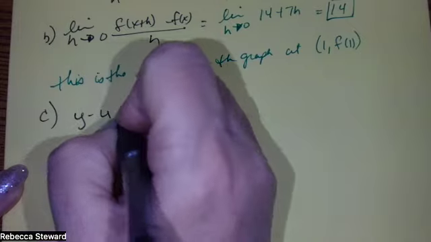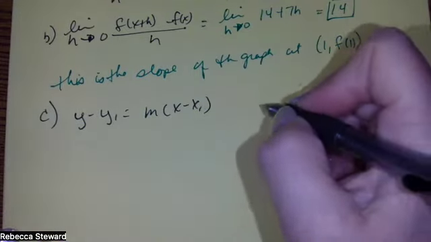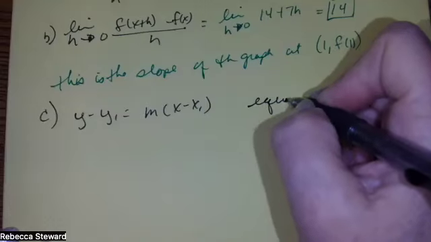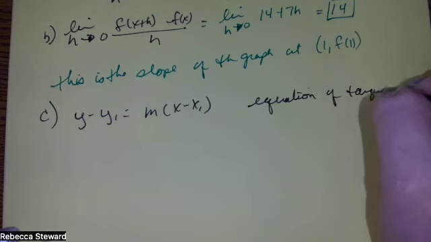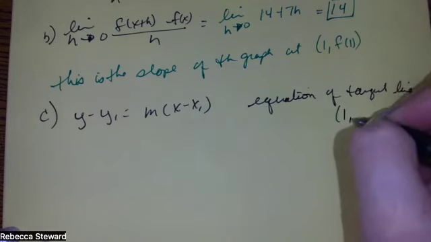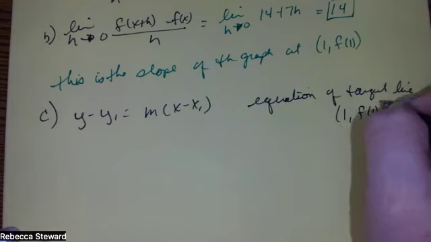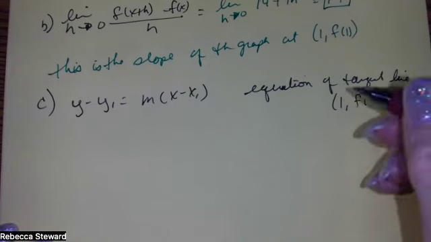You've got y minus y1 equals m times x minus x1. This is the equation of the tangent line, and we're at that point 1, f at 1. That's what they're giving us again. So we already know some of our parts.